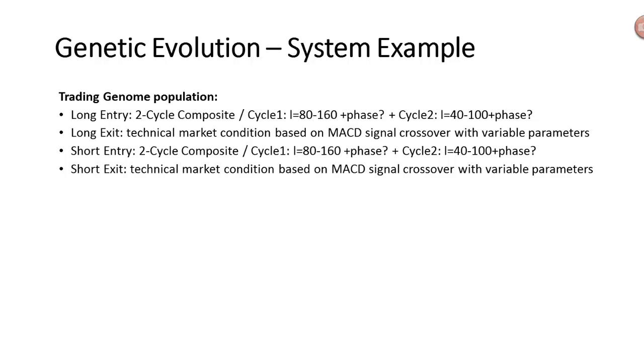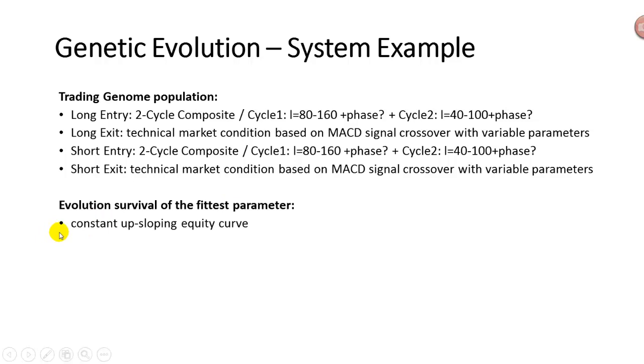So this is our trading outline, and the evolution parameters are that we are looking for a constant upsloping equity curve, a high system quality number, and the more trades the better. We use this for the intraday chart on the 5-minute bars.